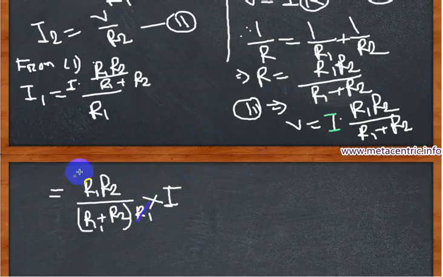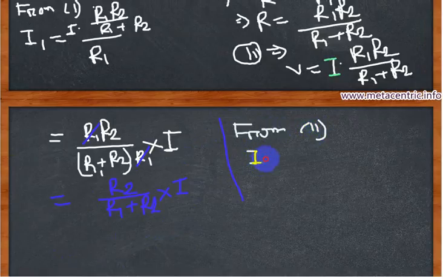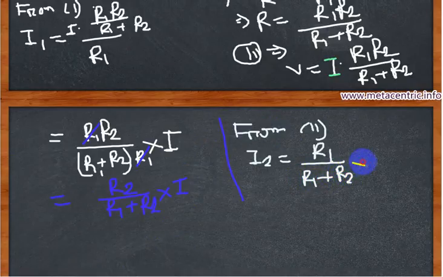So R1 and R1 cancel. The formula becomes R2 divided by R1 plus R2, into I. Similarly, from equation 2 we can write I2 equals R1 divided by R1 plus R2, into I.